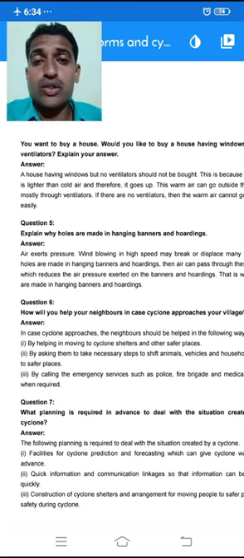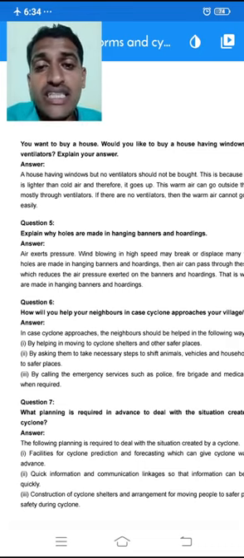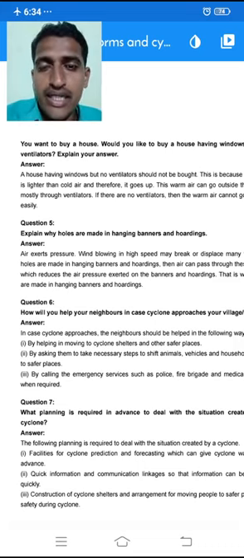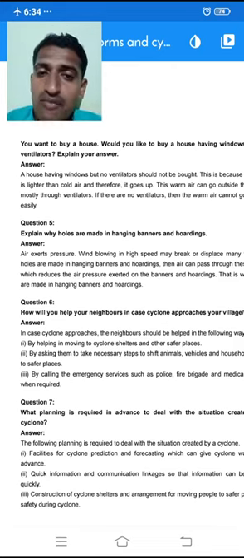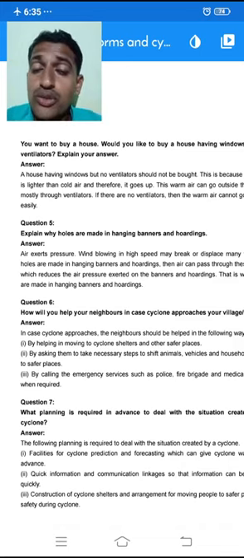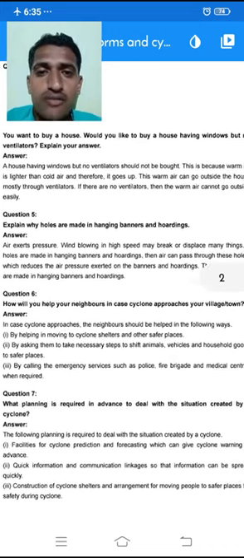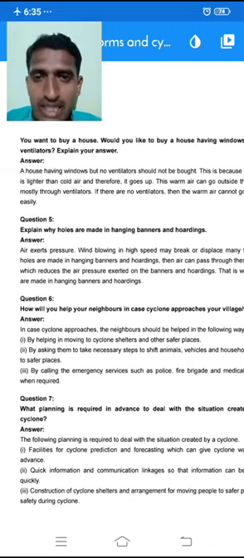Why is it so? Because you know that warm air always rises up and cold air cools down and comes down. Warm air is lighter than cold air, hence warm air always rises. If this warm air is rising, it can go outside your house only through the ventilators.